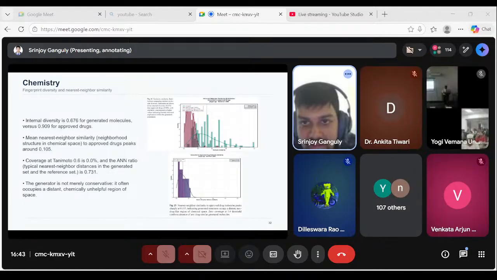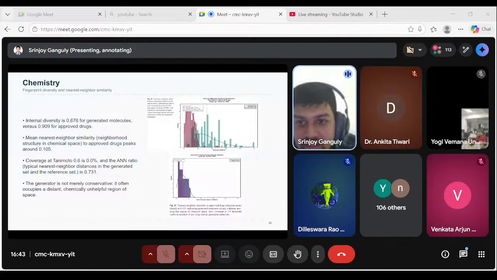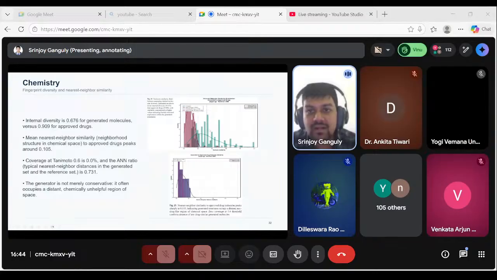If you see, the green ones are generated. But they do not really overlap with the approved drugs from ChEMBL. ChEMBL is a data set which has properties for drugs which are approved by different institutions and companies, meaning it is possible to give them to a human body or even an animal. But if you see our graph, we are facing a problem here.